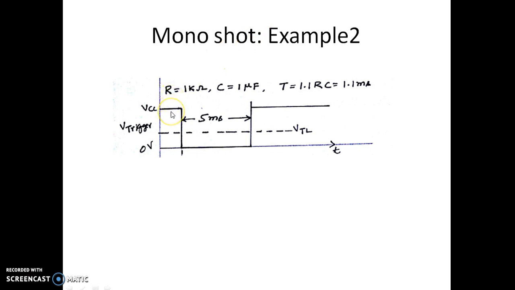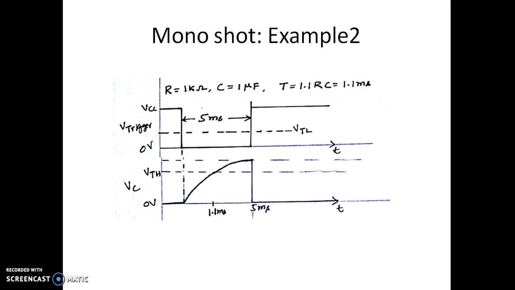We have applied a trigger signal which is VCC and then goes to 0 volt, and it stays at 0 volt for 5 millisecond, whereas we want a pulse width of 1.1 millisecond. We can certainly see that this trigger signal goes below VTL, and it stays in that state of 0 volt for 5 millisecond. Now let us see how the output looks.